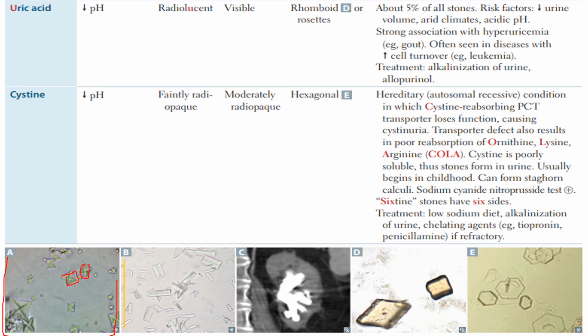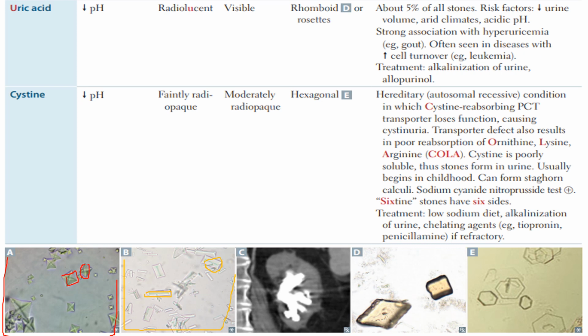In this image, we can see the stones are coffin lid shaped or sarcophagus shaped, which is only present in ammonium magnesium phosphate stones, also known as struvite stones.